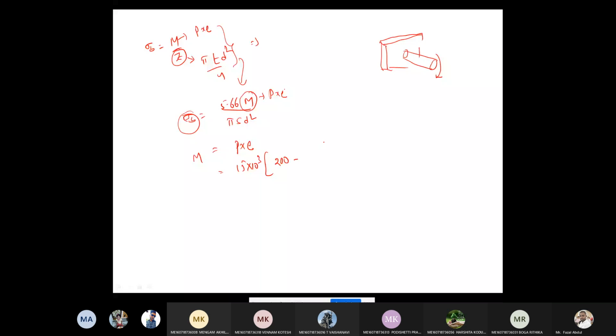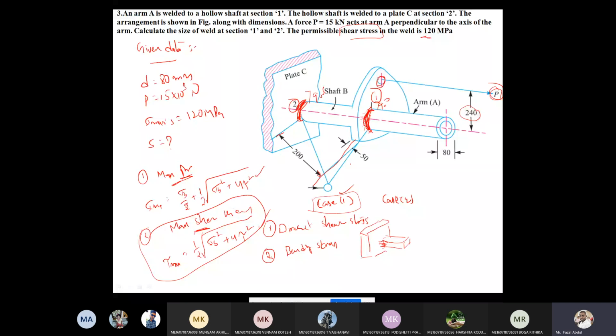So from 200, if you subtract 25, we will get the distance from here to here. That shows the perpendicular distance.